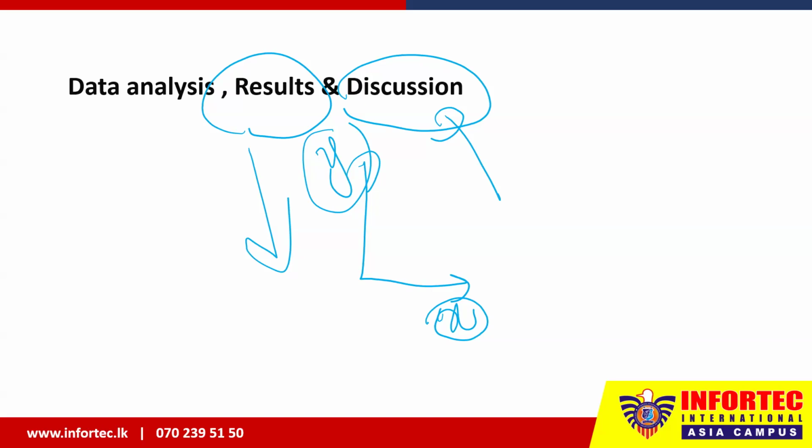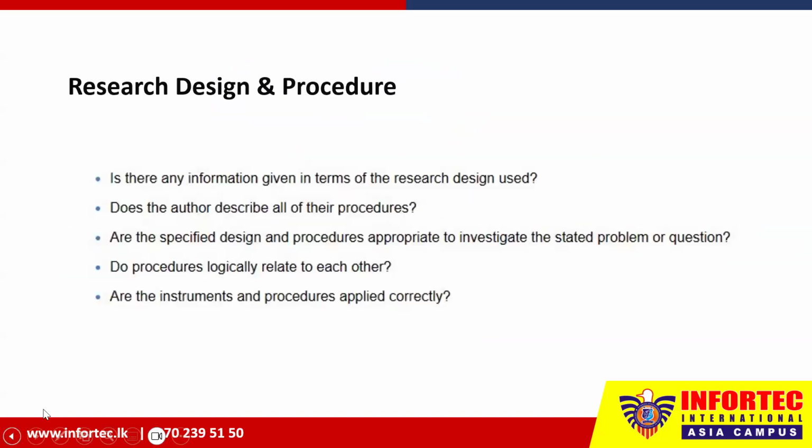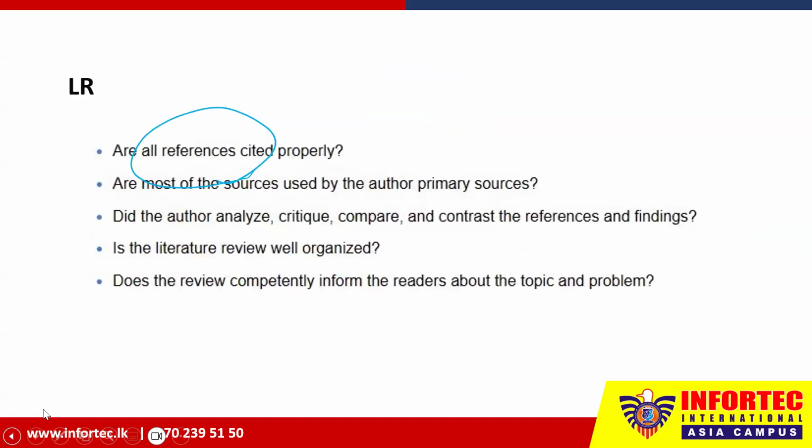Actually, overall, when you are preparing this research critique, it's a Word document you can prepare. I will share two research articles. You can refer to only one. Please remember, some students refer to both articles and make the assignments. It's not necessary.